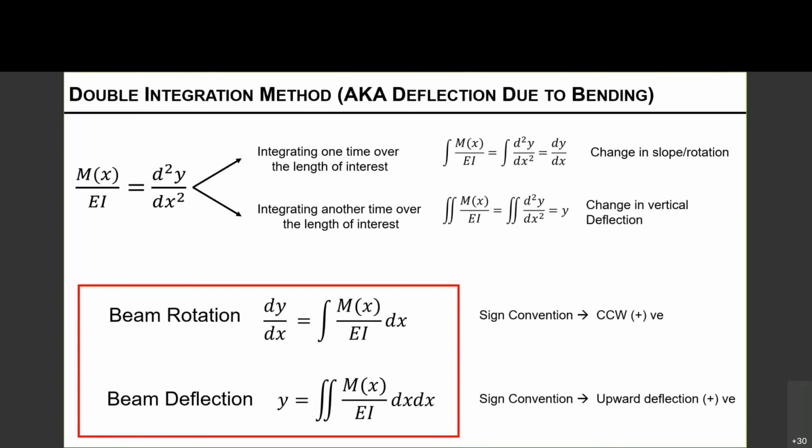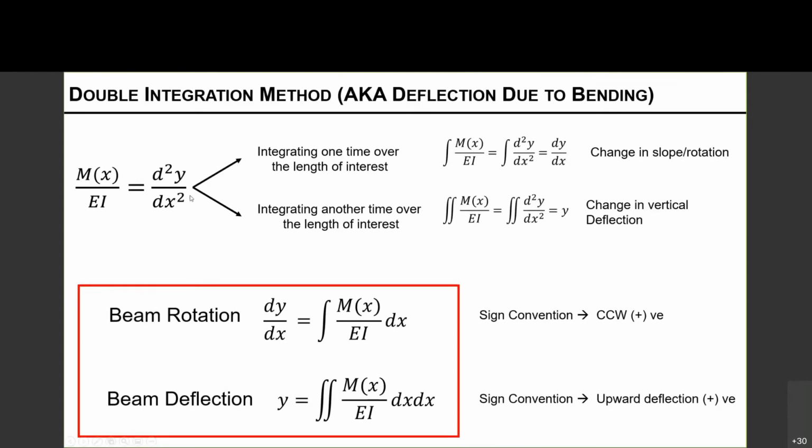Similarly, in beams there is a change of the slope or the rotation, because the slope is generated by the rotation of the beam by the bending. So dy over dx is called the change in the slope or the rotation. So the first integral of Mx over EI is equal to the change in the slope, or dy over dx.